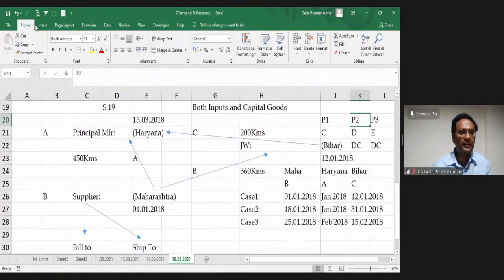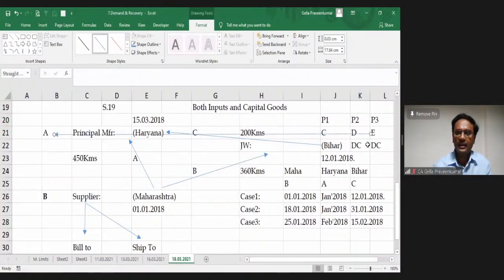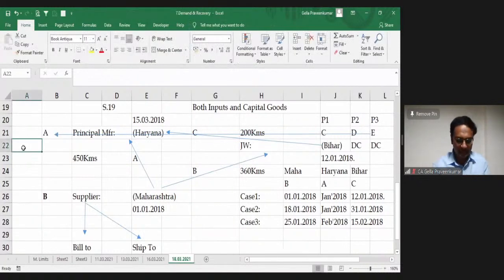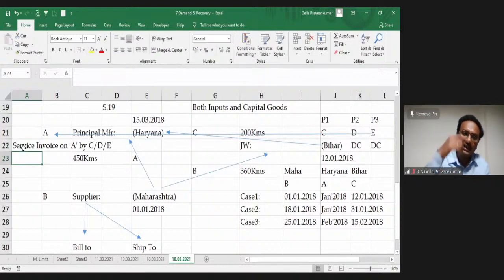After the job work, E will raise his service invoice to A. Similarly, C, D, whoever has finished their work, raises a service invoice on A. As and when their work is over, C will raise an invoice on A, D will raise an invoice on A, E also will raise an invoice on A. This is called a service invoice.